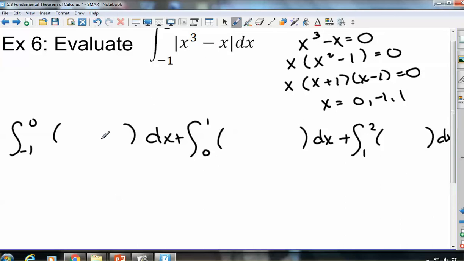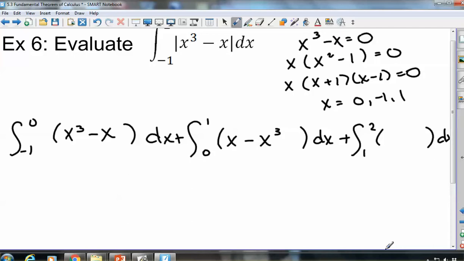If it's already positive, does absolute value do anything? No, so I'm going to keep this as x cubed minus x. Alright, if you put in a number between 0 and 1, so if you put in 1/2, positive or negative? Negative. So does the absolute value change it? It'll do the opposite. So can I write that as x minus x cubed?